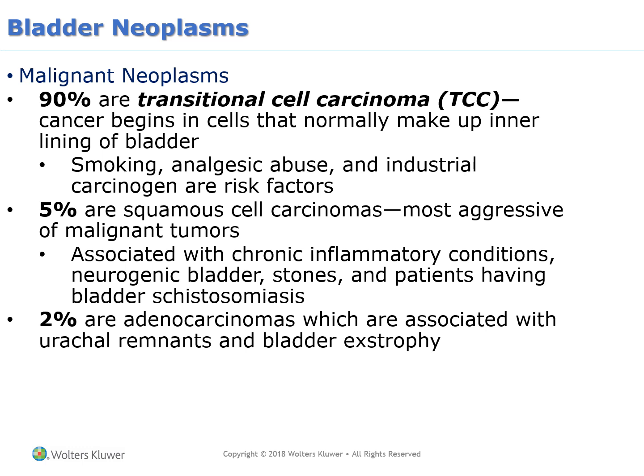Only 5% of these are squamous cell carcinomas, and yet that 5% is going to be the most aggressive type of carcinoma. These are associated with chronic inflammation, such as a neurogenic bladder, stones, and patients having bladder schistosomiasis.